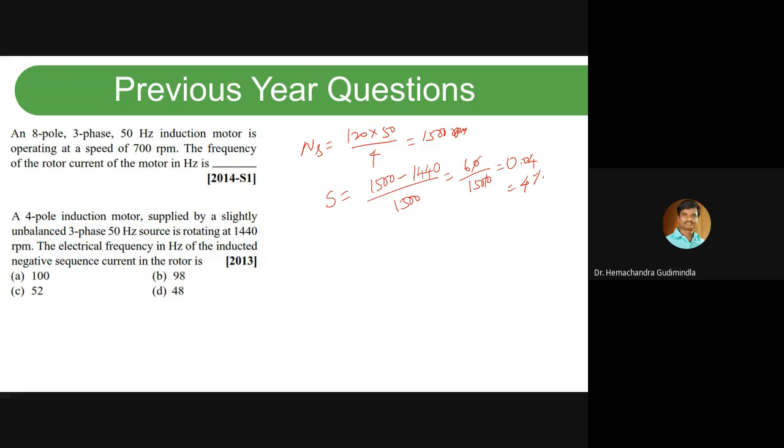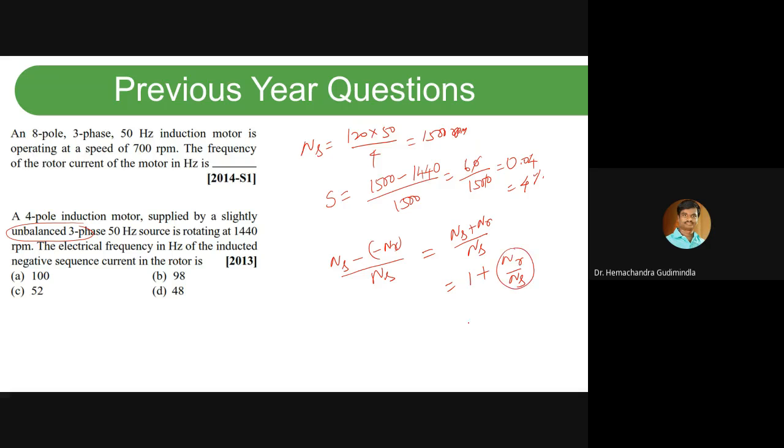Now, whenever we are talking about unbalanced supply, negative sequence components exist. With negative sequence components, what will happen? It will tend to rotate in the opposite direction, right? So that means Ns minus of minus Nr by Ns becomes Ns plus Nr by Ns, which is 1 plus Nr by Ns.